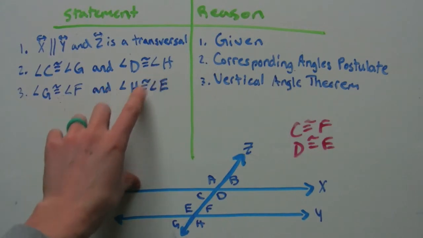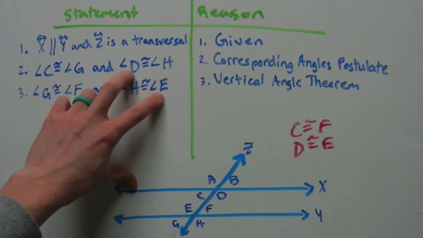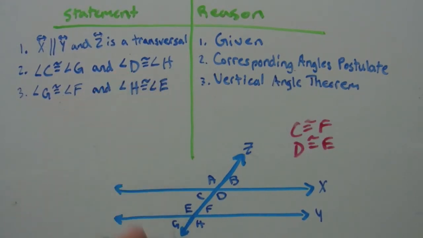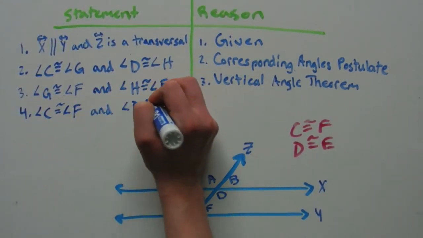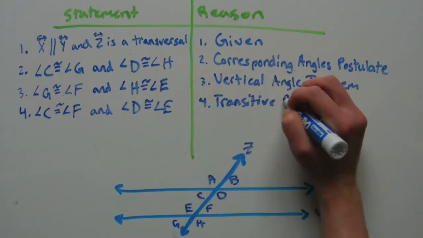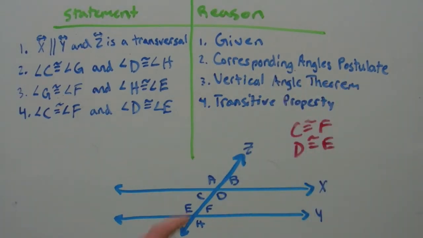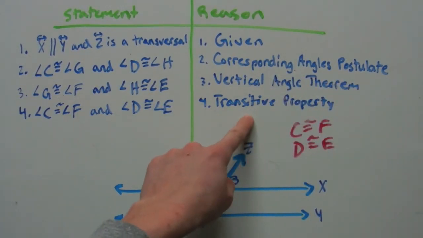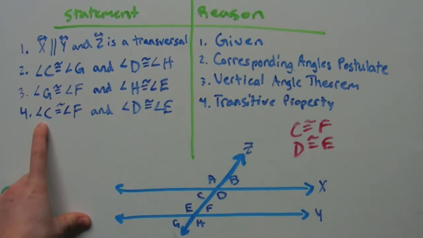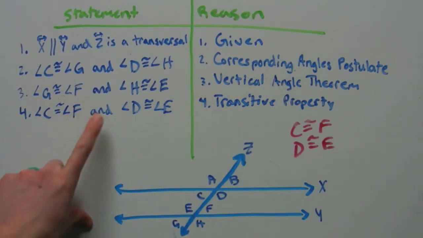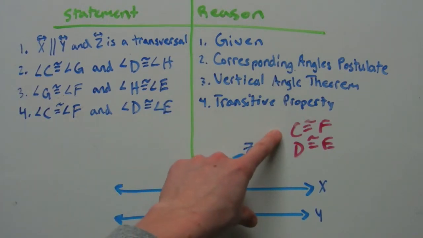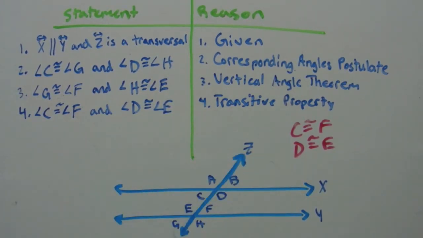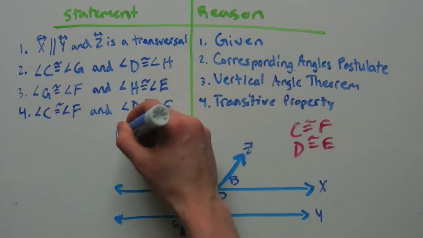D is congruent to H is congruent to E, therefore D should be congruent to E. So, by using the transitive property for congruent angles, we can say that angle C is congruent to angle F and angle D is congruent to angle E. C is congruent to F, D is congruent to E, and that's what we needed to prove.